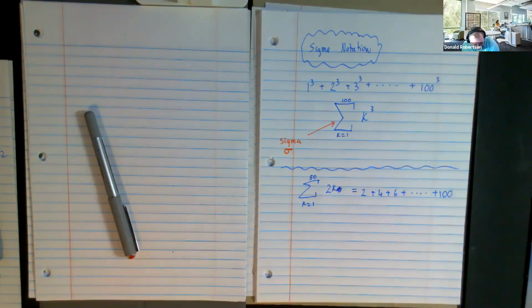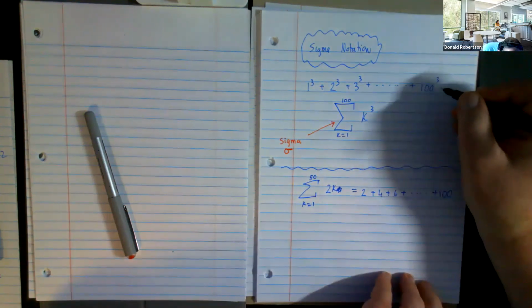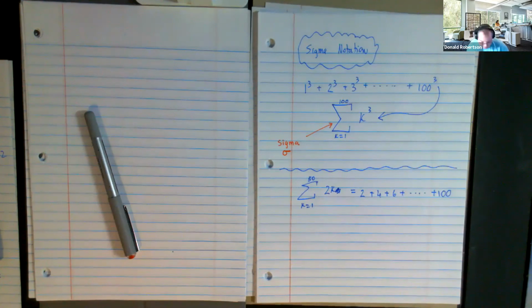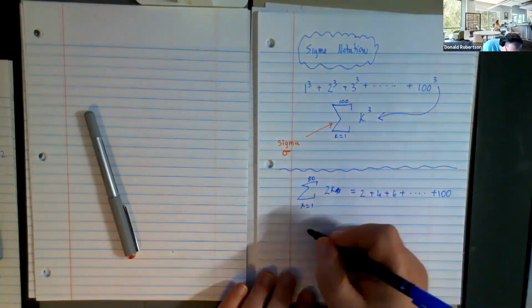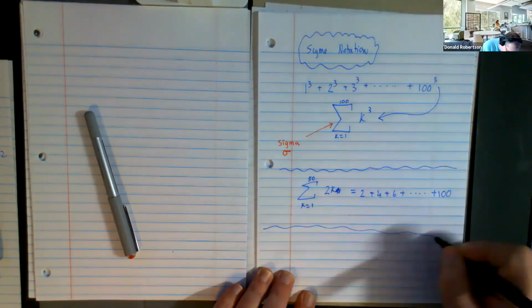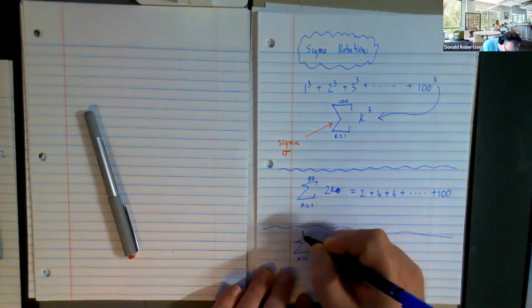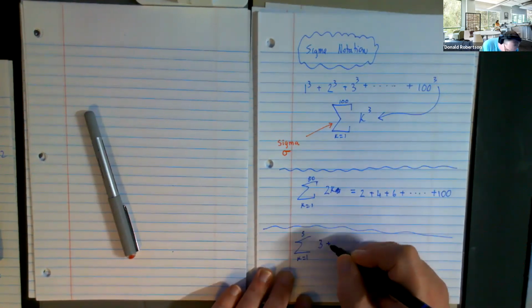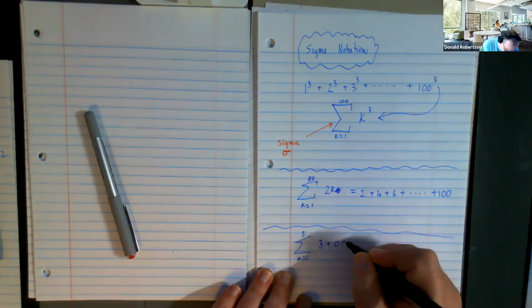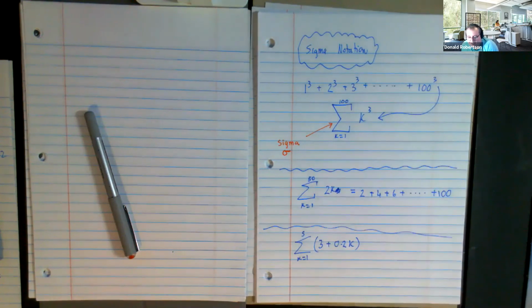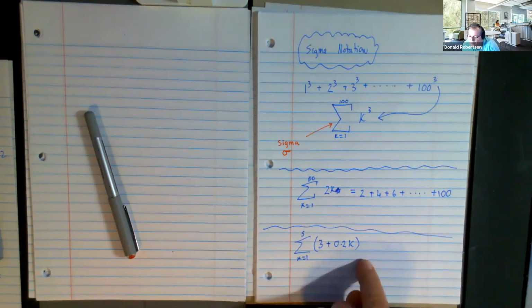So what are the kind of questions that you're going to get? You're going to get questions like, take this guy and turn them into that. Or you're going to get a question that looks like this. Where they actually want you to find out what that's equal to.